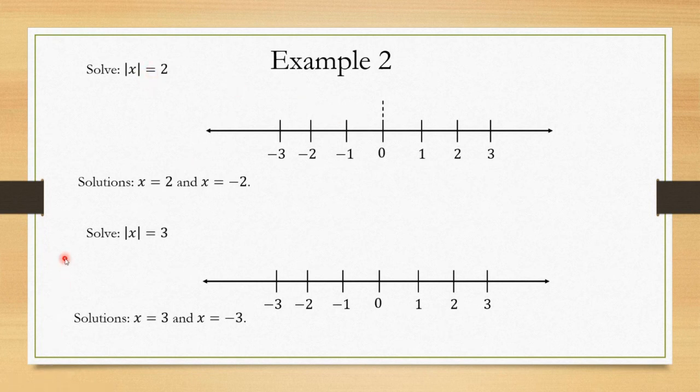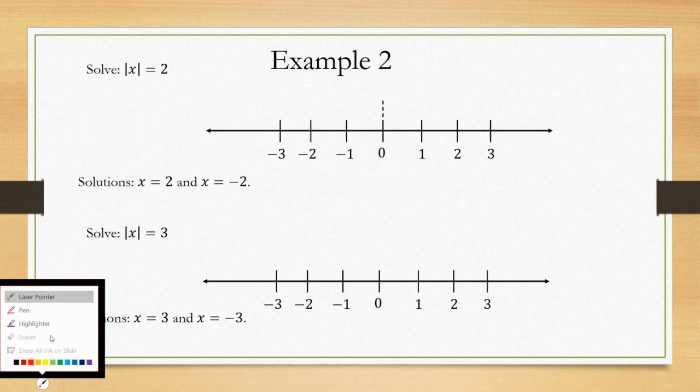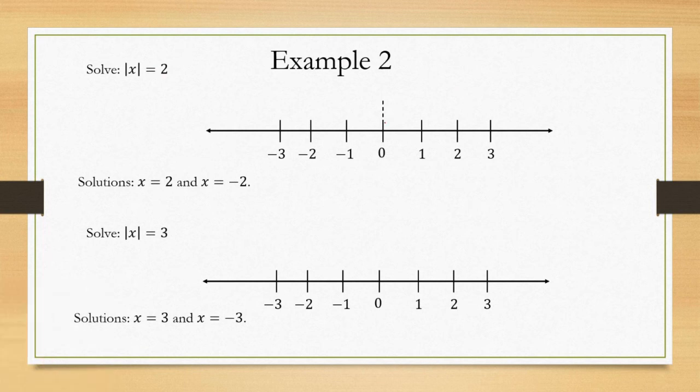Well, we know 2 works. And why is that? Well, 2 is 2 units away from 0. This is asking for all numbers x whose distance from 0 is 2. 2 is a number that does that, so 2 is a solution. But is that the only one?